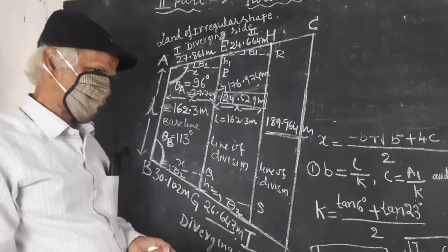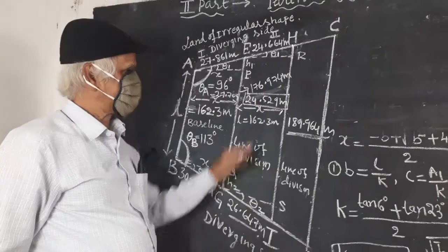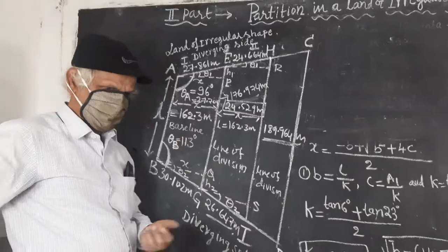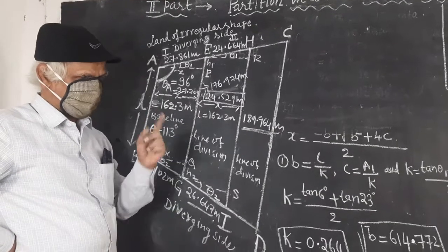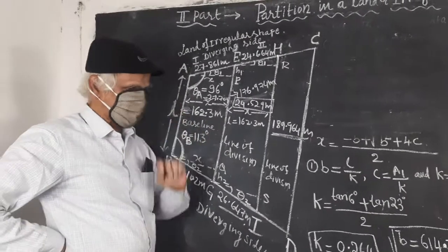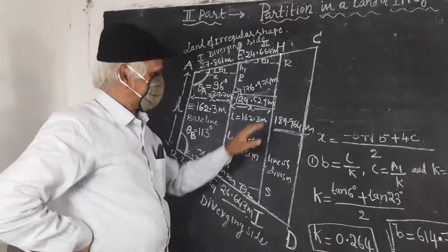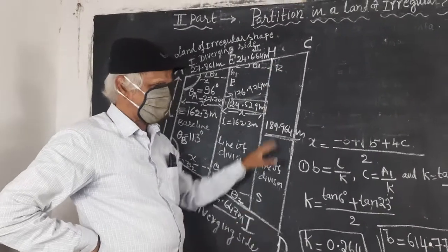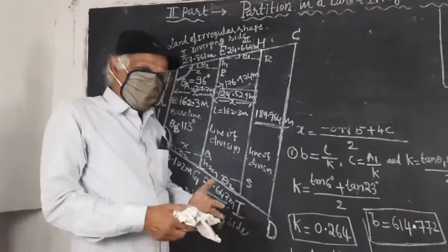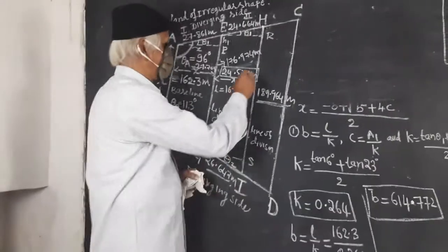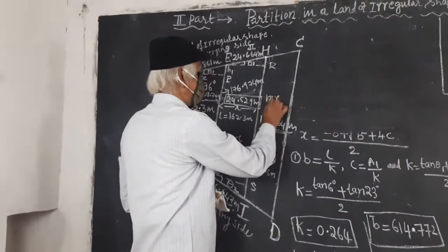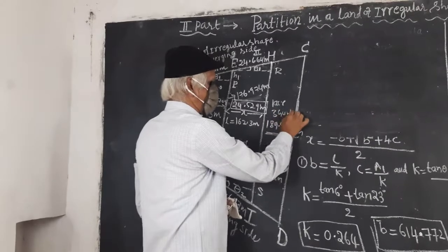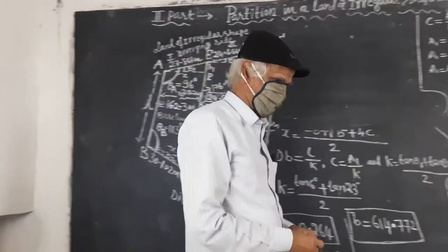So thus, we can make the second partition also. After making the first and second partition, the remaining area is automatically 1 acre 3 gunta.